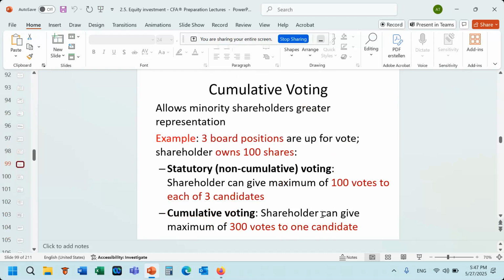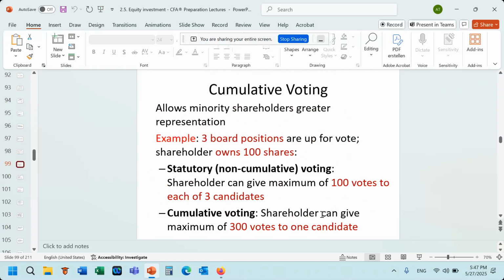Cumulative voting is interesting, another area where we have definitions that we may not have seen in our normal studies. This is a feature that some stock markets have, to help the minority shareholders.